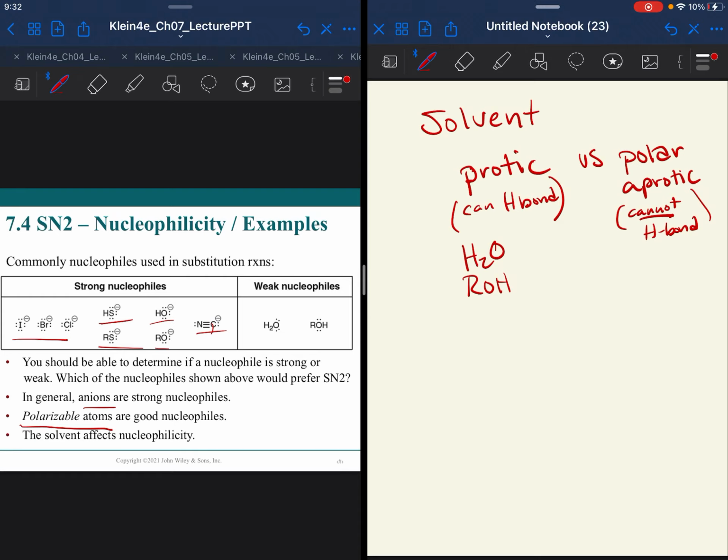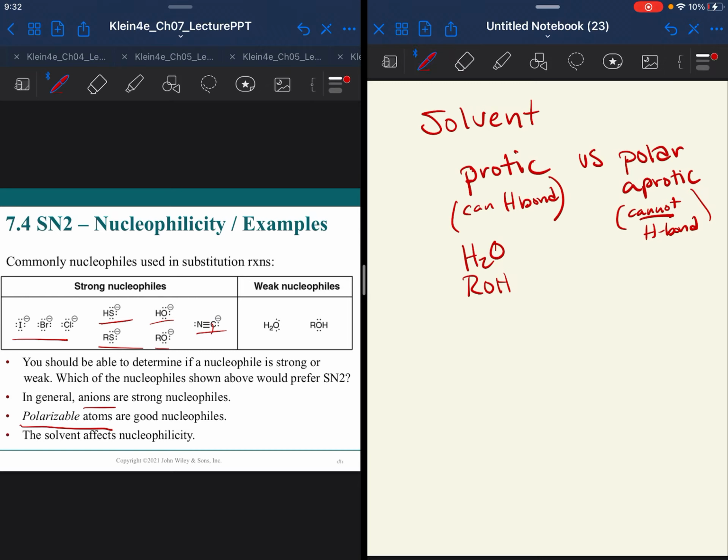I know that also can be your weak nucleophile, but oftentimes when we look at a reaction and we have a reagent on top, we will sometimes see a solvent on the bottom. Okay, water can be a reagent or a solvent, same with an alcohol.